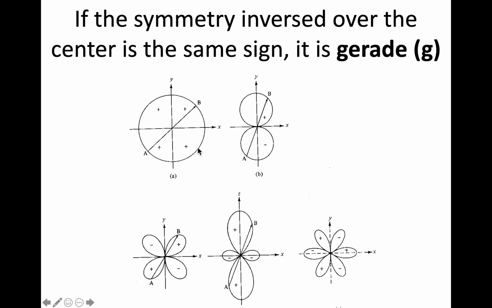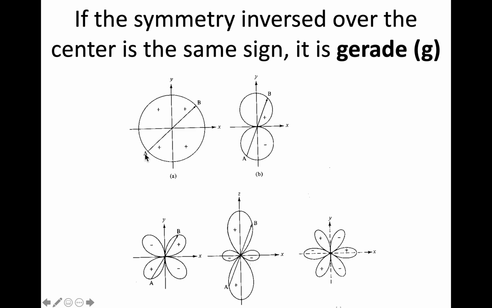All right, so when we talk about symmetry, then we're talking about the same sign. So if we invert something through the center, so we're talking about the center of the axis here. So this is the center. So if we look at something at point A, and then we invert through the center, so we go through this and to the other side. So it's like taking the point values of A and making them negative, and that gets us to point B. We look at whether it has the same sign.